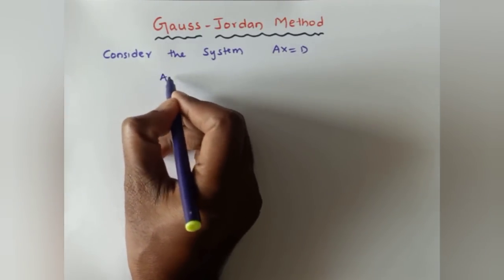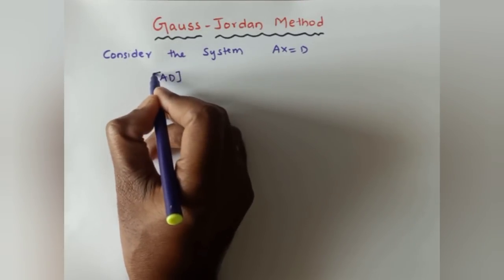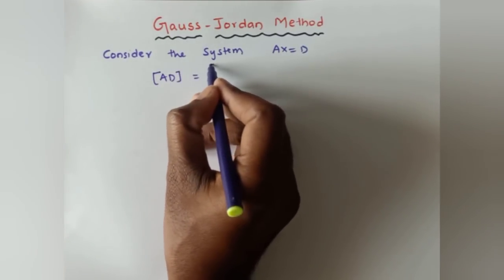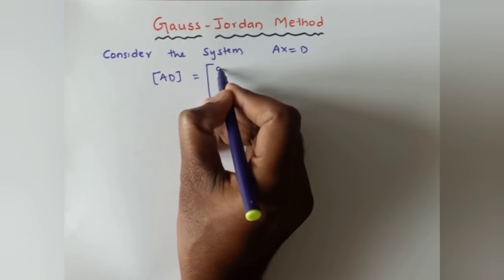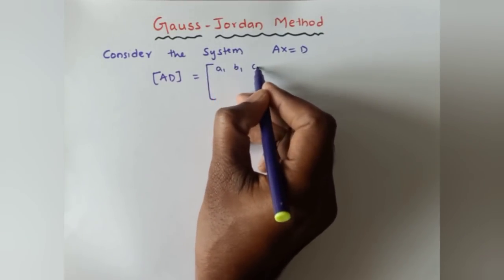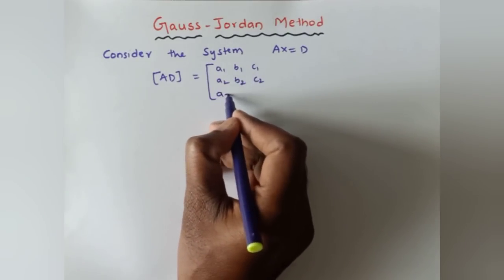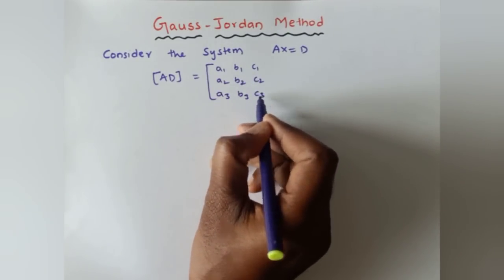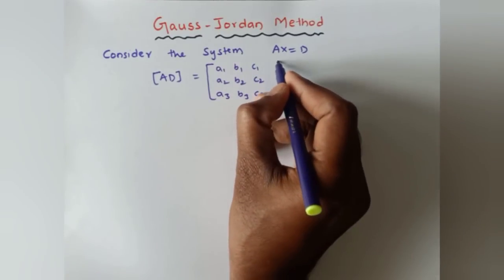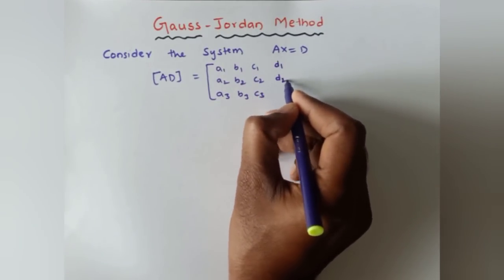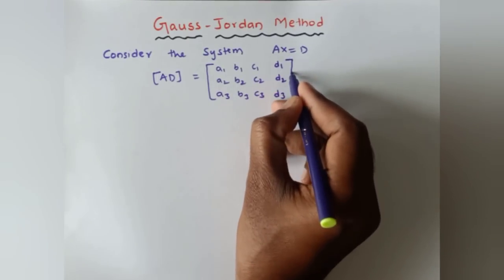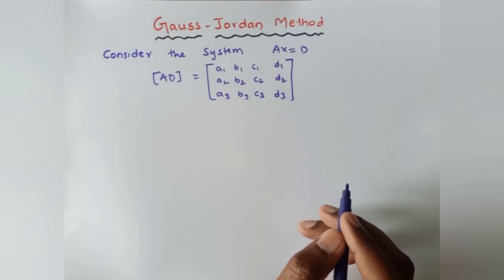One more thing, that is AD, which means the augmented matrix. So it is a1, b1, c1, a2, b2, c2, a3, b3, c3, augmented with the constant matrix, that is d1, d2, d3. So this is called the augmented matrix.